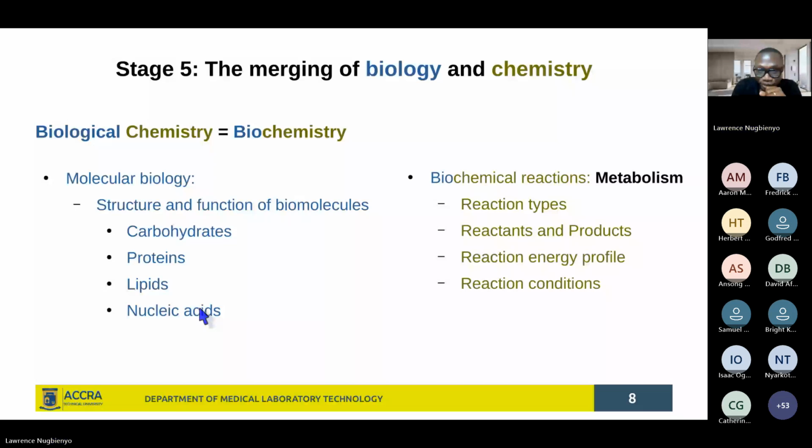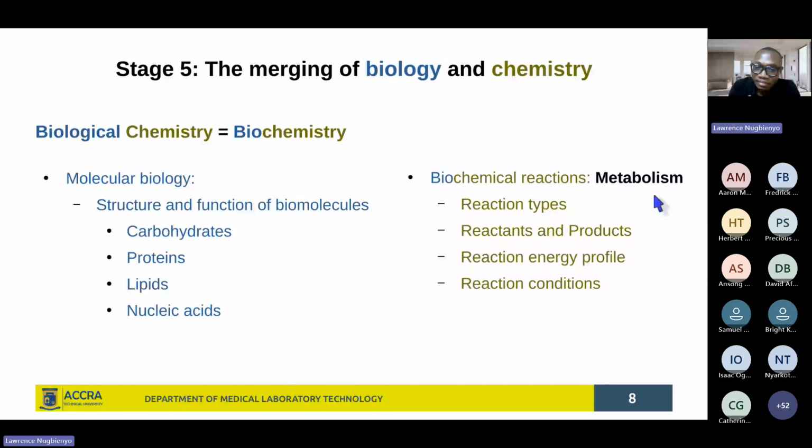So you're talking about biochemical reactions. That is now reactions in biological systems. So then you have your biochemistry. And what are these reactions? It is generally what you refer to as metabolism, because it's a number of reactions that are responsible for the sustenance of the living system.